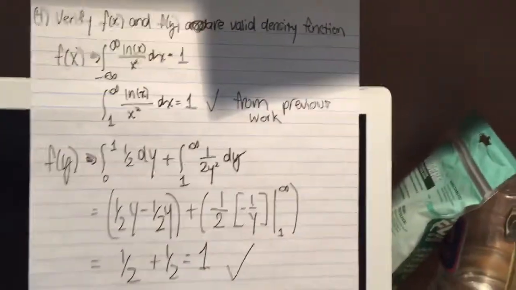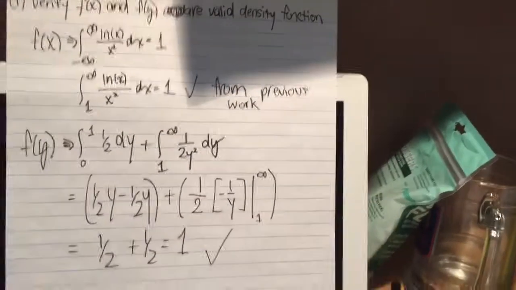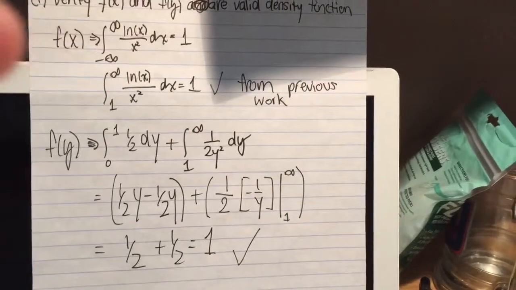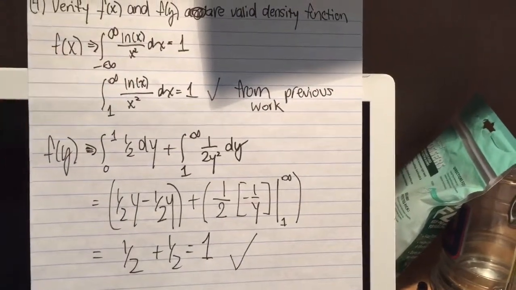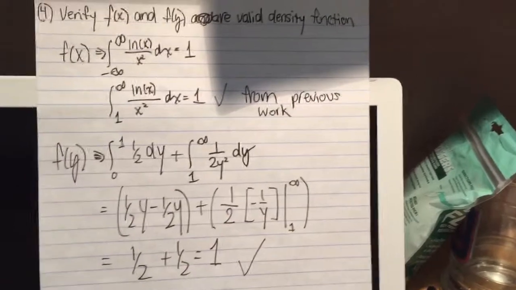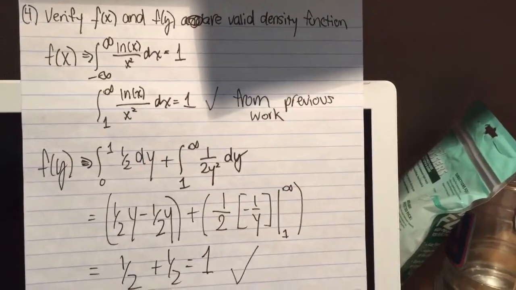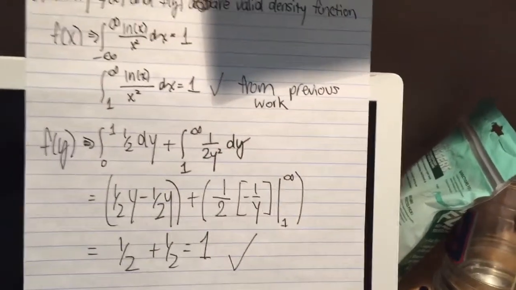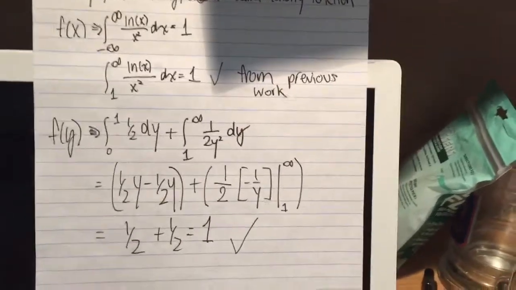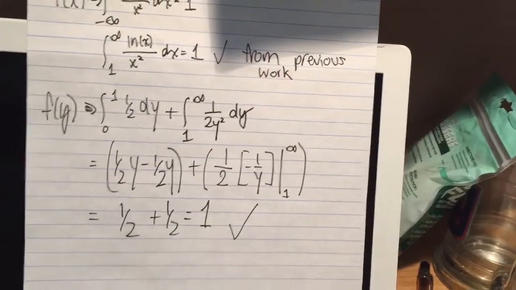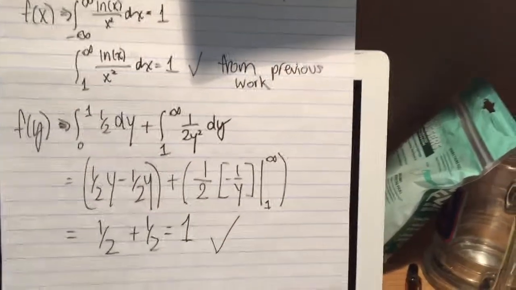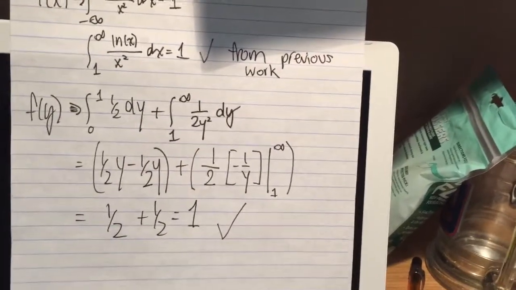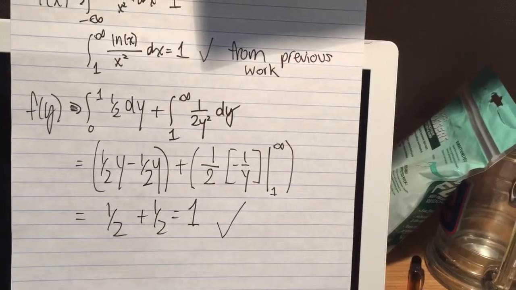Finally, we need to verify that f(x) and f(y) are valid density functions. The way we do that, like in problem number 1, is we set the integral equal to 1. So right here, we're showing that the integral from negative infinity to infinity of ln(x)/x² dx is equal to 1. This is from our previous work.